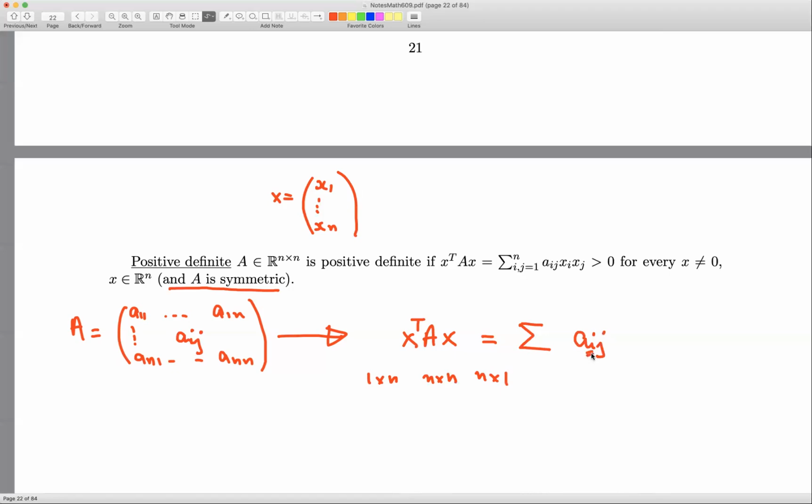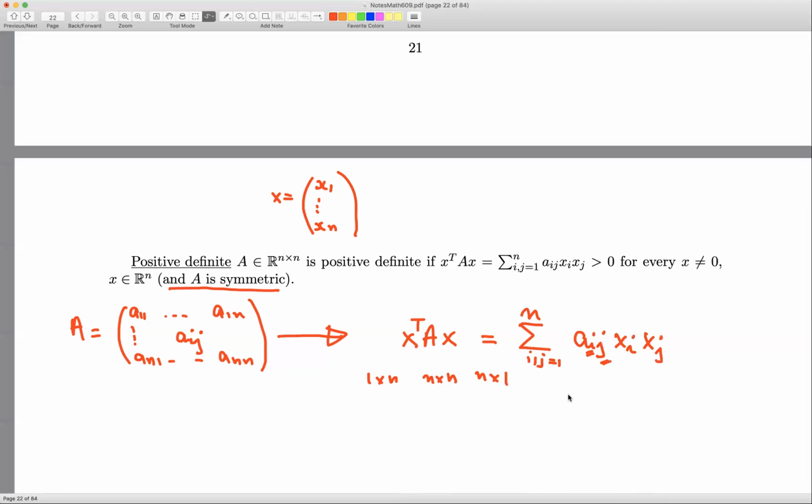And the index i means that you will have to multiply this entry by xi. And the index j means that you will have to multiply this by the entry xj. And the sum is with respect to all the entries of the matrix A, which means the sum is over all i and j from 1 to n.